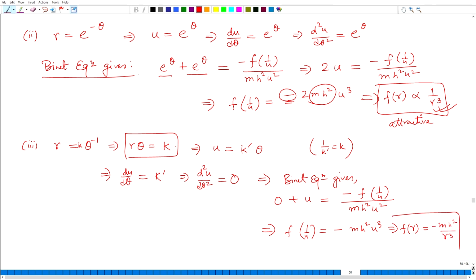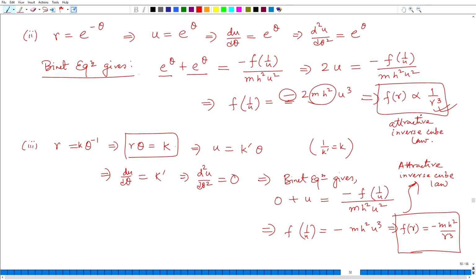So, again you have an attractive inverse cube law. This is also an attractive inverse cube law.